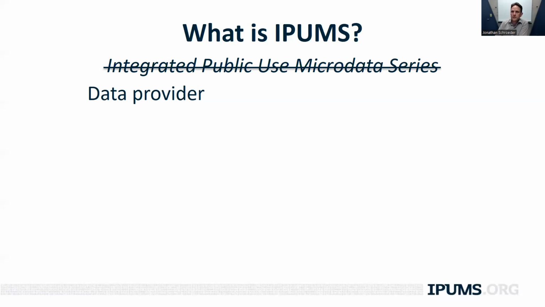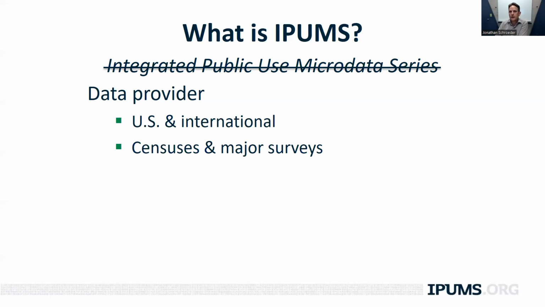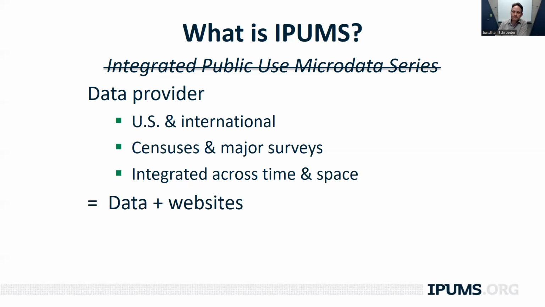So we are a general data provider of both US and international data. We focus on censuses and major nationwide surveys. And we take the data and we improve it, we enhance it by integrating it across time and space, making concepts more consistent in their coding and how you can measure and compare them.